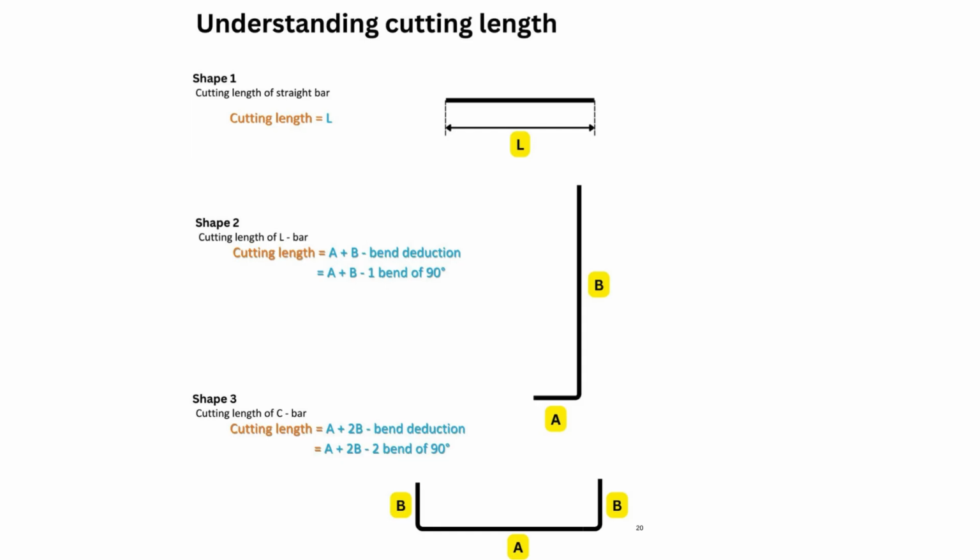Formula becomes cutting length equals A plus 2B minus 2d. Example, A equals 100 centimeters, B equals 30 centimeters, bar dia equals 10 millimeters. Cutting length equals 100 plus 2 times 30, minus 2 times 1.0, equals 100 plus 60 minus 2 equals 158 centimeters.